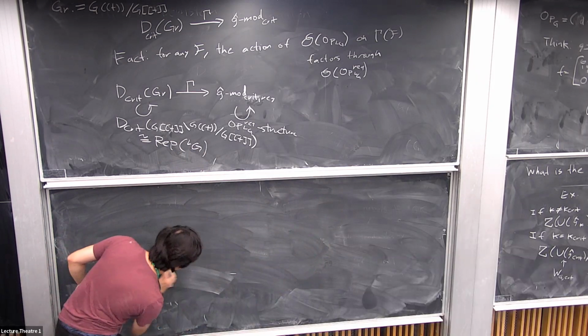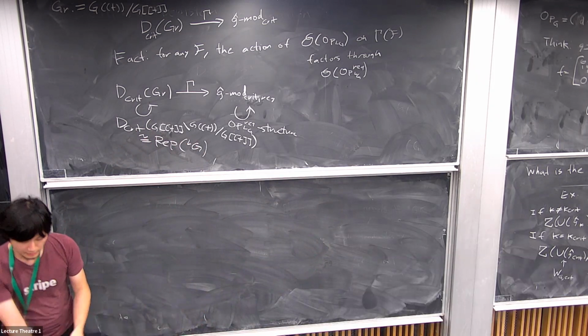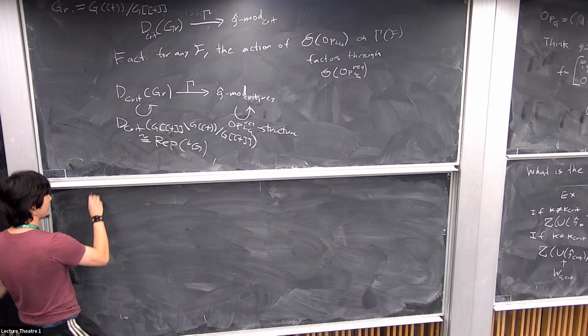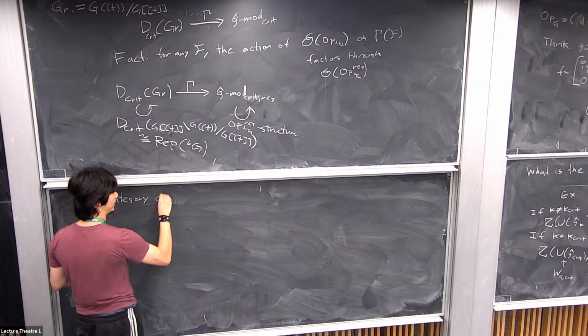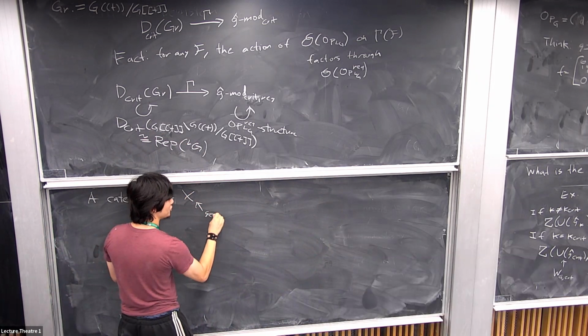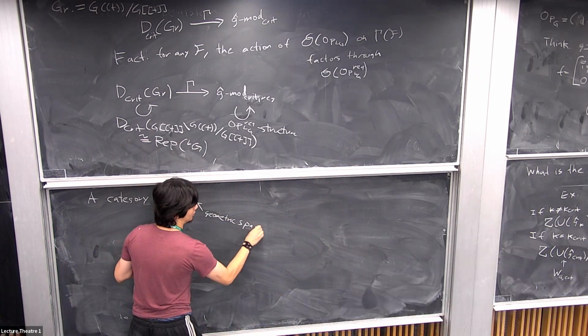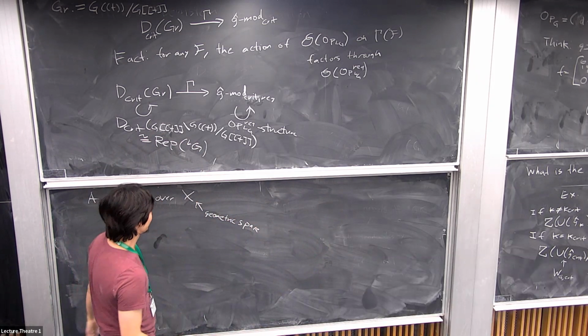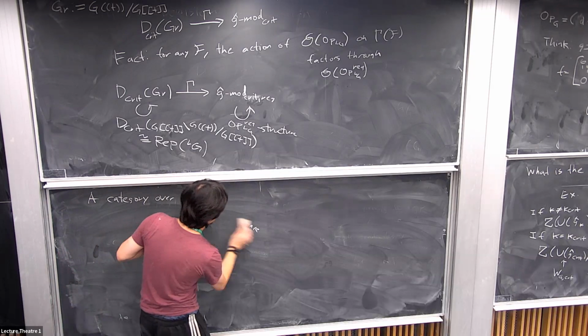So let's unify these two pieces of structure. Let's say a category over X, where X is some kind of geometric space. I can say stack here and it covers both these examples.